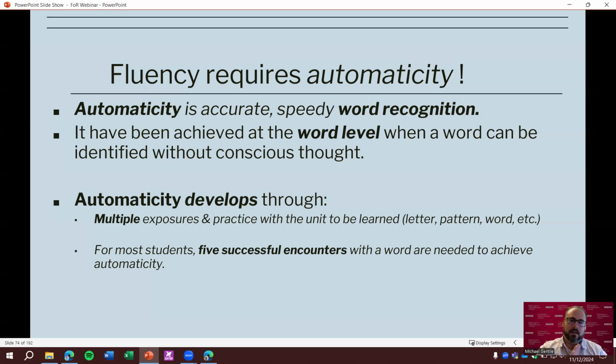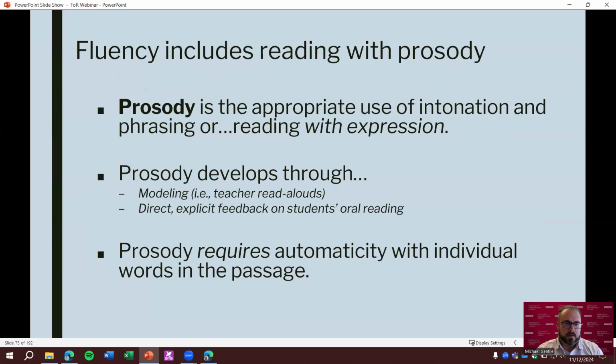So that allows them to get faster. The less you have to think about the words, the quicker you have them, the faster you get to be. For most students, about 5 successful encounters for a word are what's needed to achieve automaticity. But of course, our students that struggle with reading are going to require sometimes many more than that, and we do what is necessary.